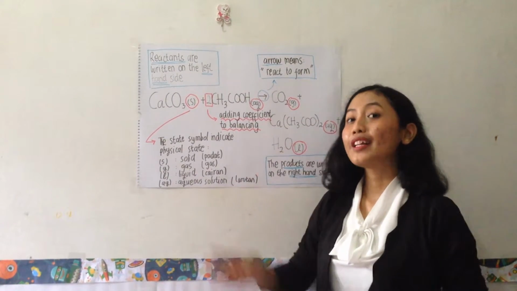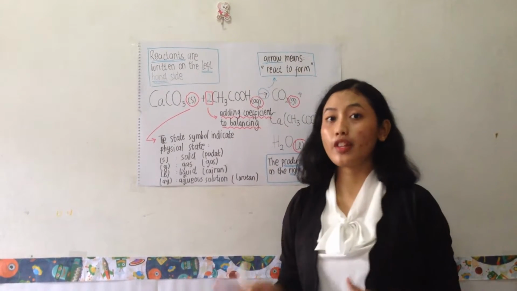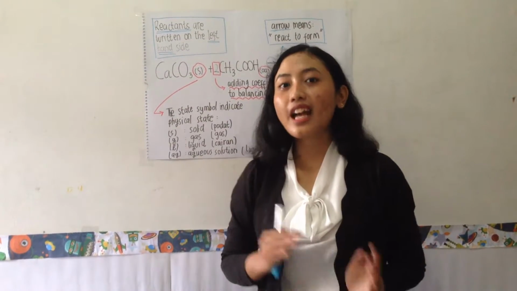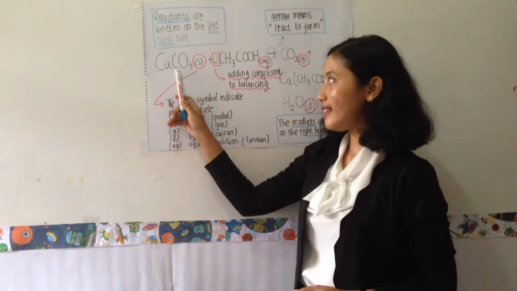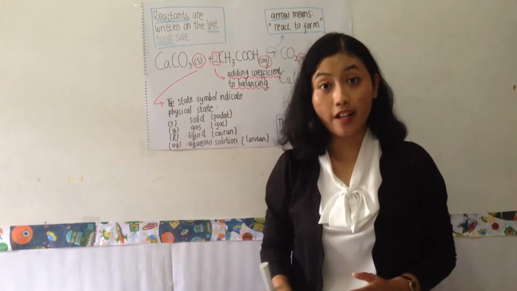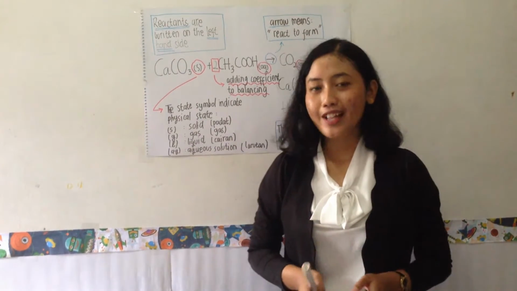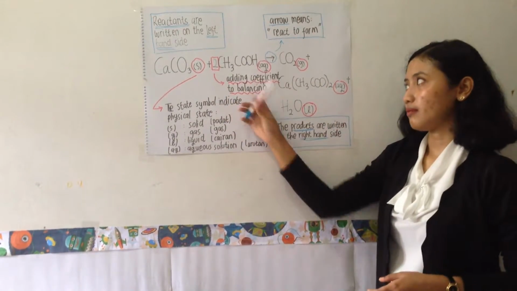Take a look at this balanced chemical equation for the reaction between eggshell and vinegar. Eggshell contains calcium carbonate which has chemical formula CaCO3, and vinegar is the common name for acetic acid which has chemical formula CH3COOH.